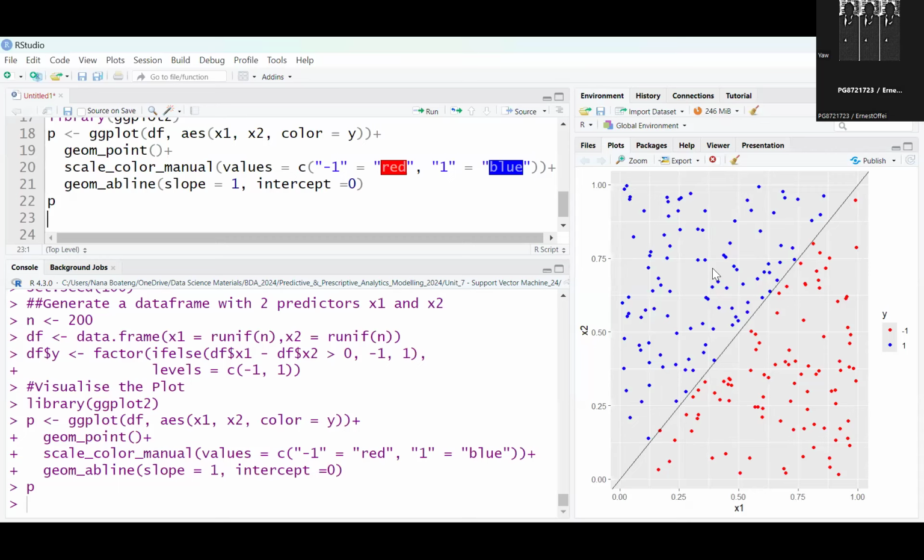Yes, it's saying error in scale_color_manual: continuous values applied to discrete scale. Did you factor the -1 and then 1? Yes. Okay, share your screen, let me see if there's something you are missing.